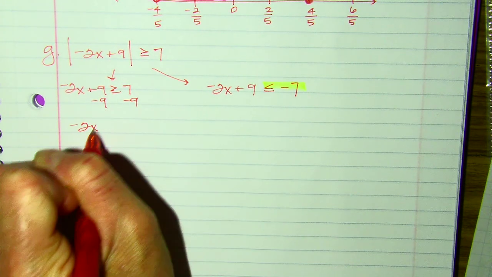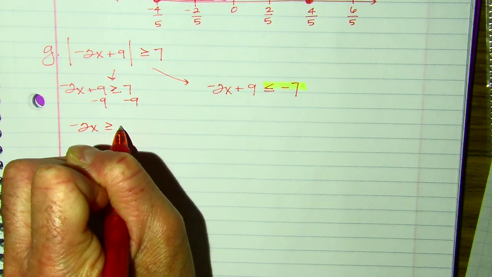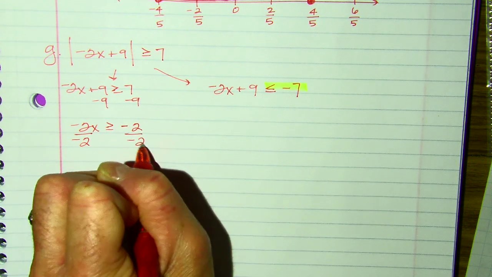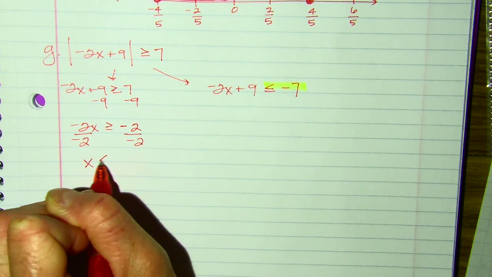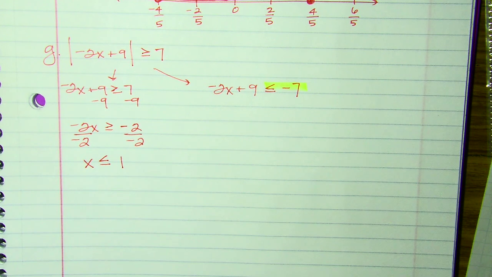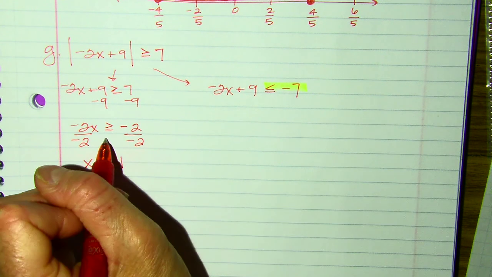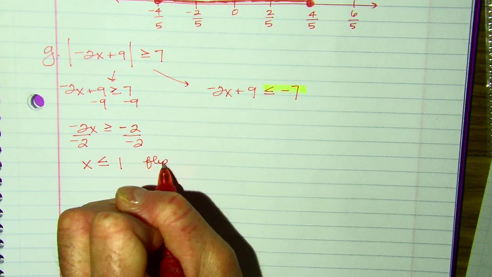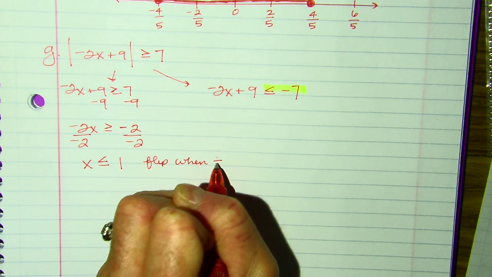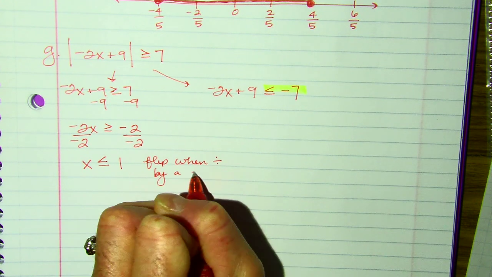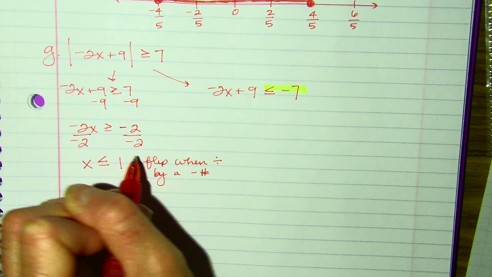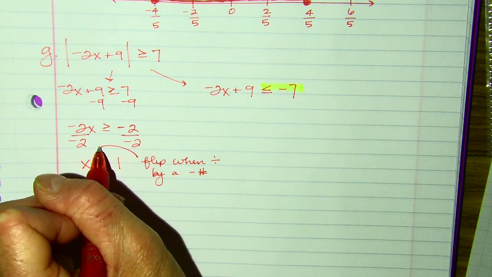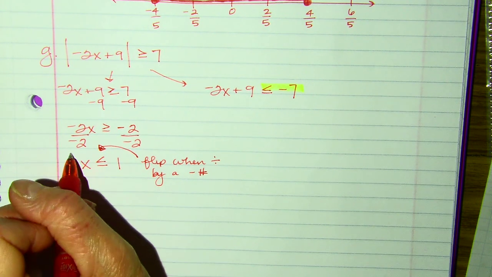Negative 2x is greater than or equal to negative 2. Now, tricky. When I divide by a negative, I have to flip the sign. You have to flip when dividing by a negative number. So there's one answer.